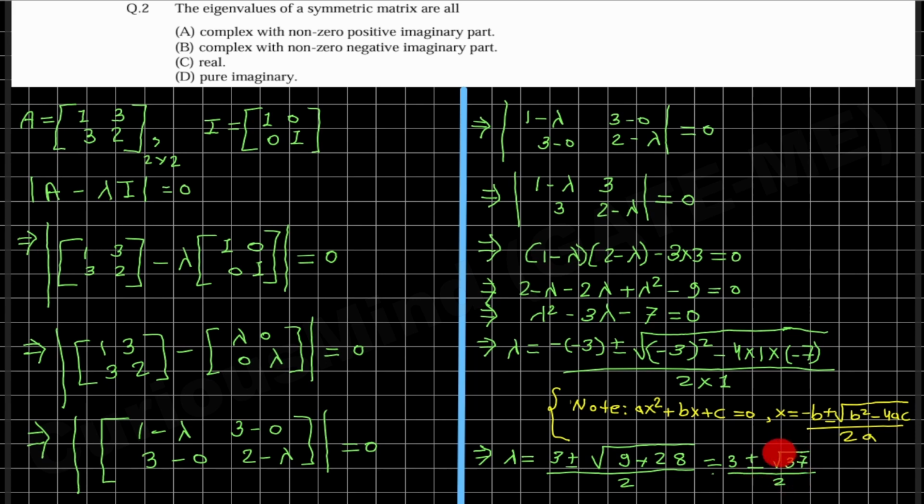But those values would always be real. So this statement is always true, that the eigenvalues of a symmetric matrix, no matter which order it belongs to, are all real. Okay.